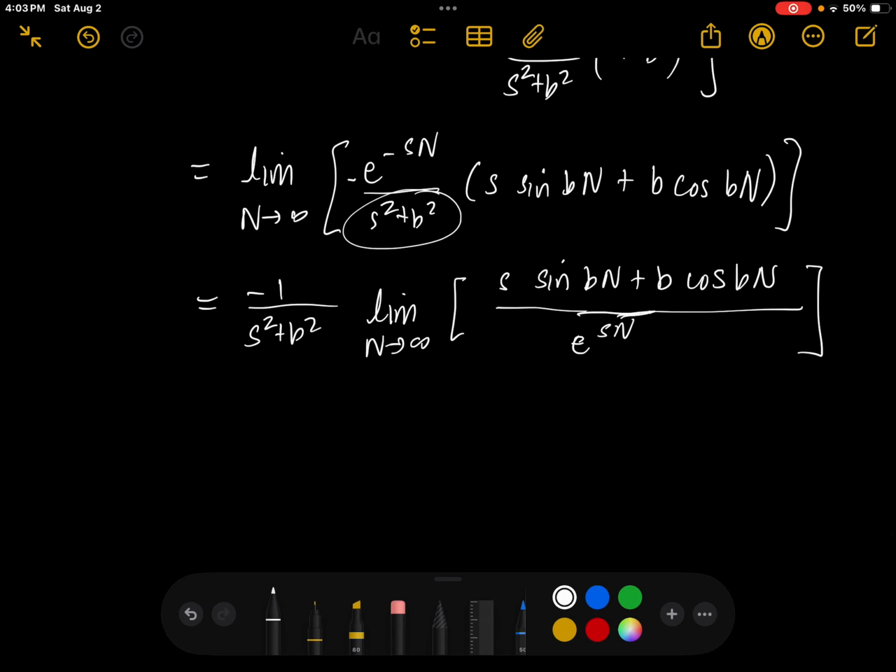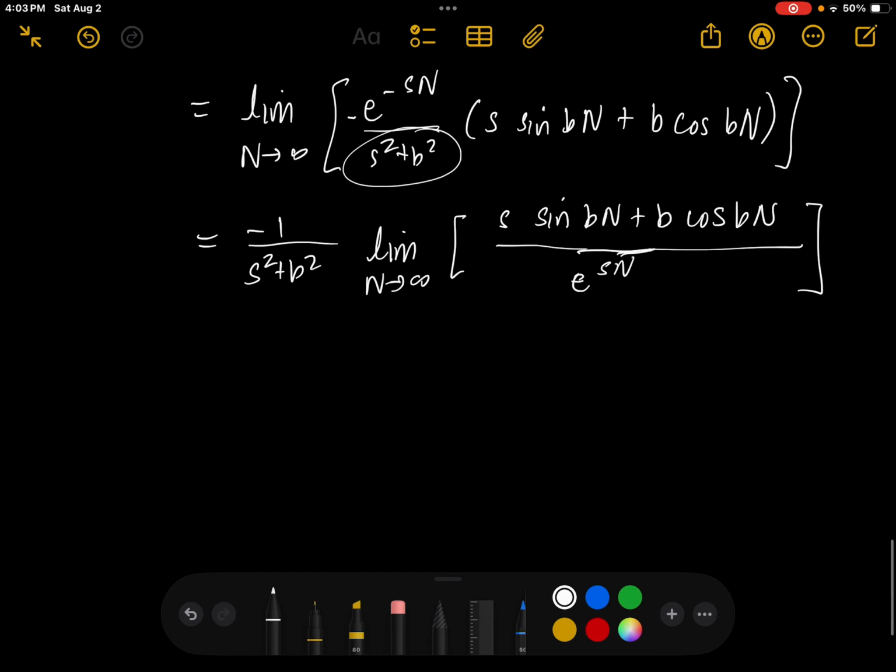Now let's see what the limit of this is. So if s is greater than 0, what's going to happen? Well, the denominator is going off to infinity. What about the numerator? And here's where you use your facts about sine and cosine, that sine and cosine are always between negative 1 and 1.